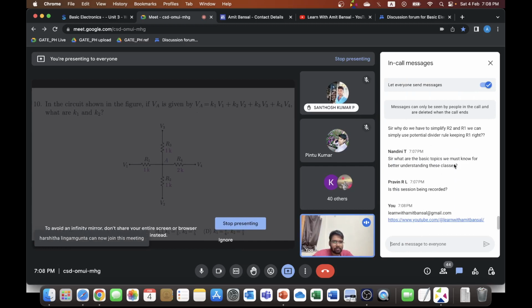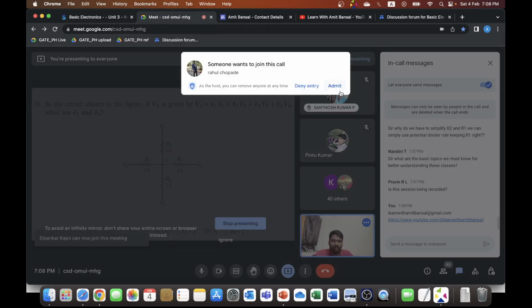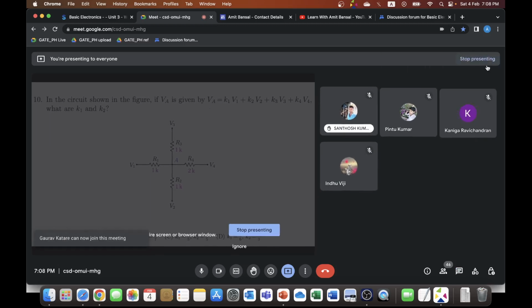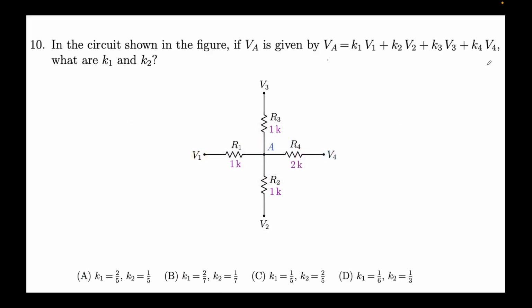Nandini, what are the basic topics we must know for better understanding these classes? Are you talking about the classes that I am conducting, or the lectures by Professor Mahesh? For the sessions that I am taking, you simply need to go through the recorded lectures on the Swayam portal. Whatever I am discussing here is not something I am making up. In fact, these are previous year problems from this course itself, and they are very relevant to the lectures on the Swayam portal.